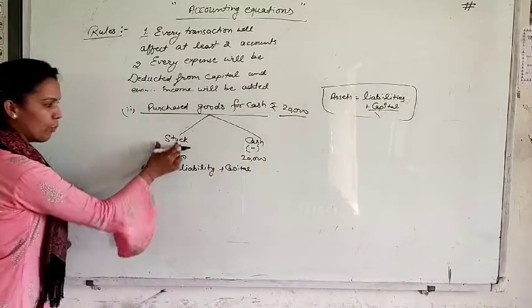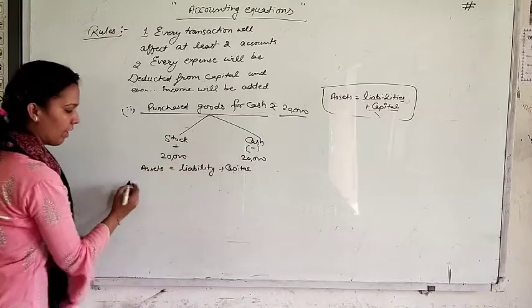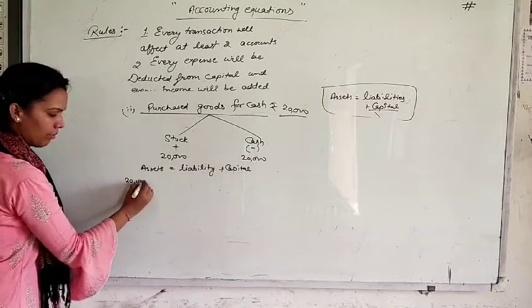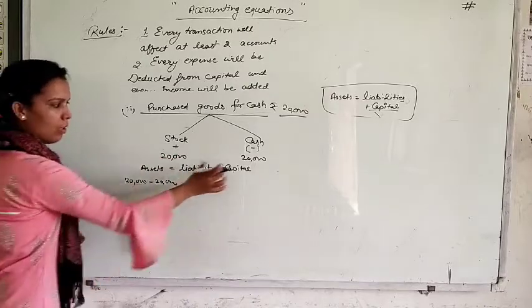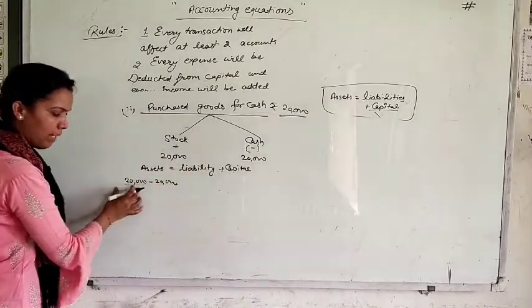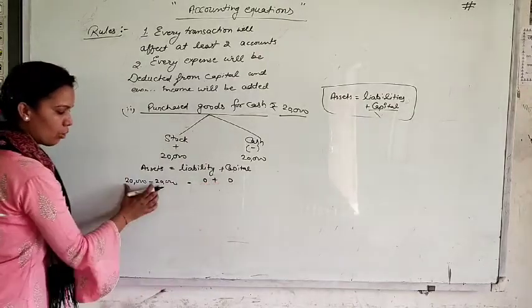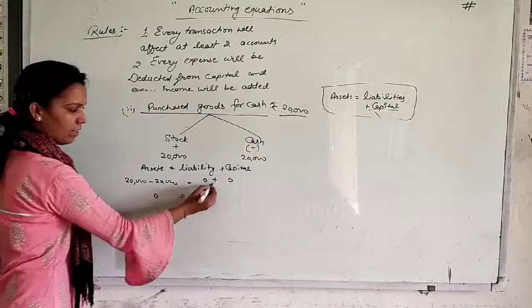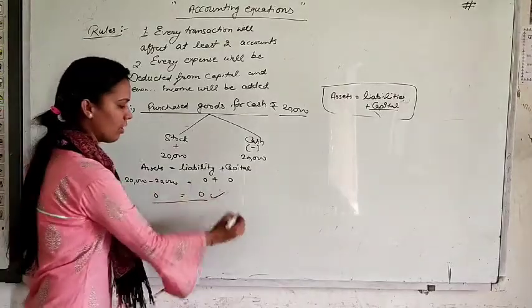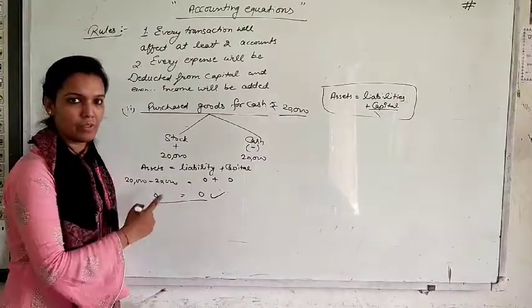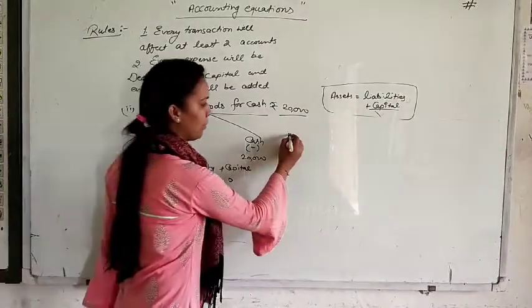You have 2 points in assets, stock and cash, both are your assets. So you write 20,000 plus and 20,000 minus. 20,000 minus 20,000 is 0, and you don't have any liability and capital, so the right hand side is also 0. It means your equation matched. This way your transaction will affect your equation. Let's move to another example.